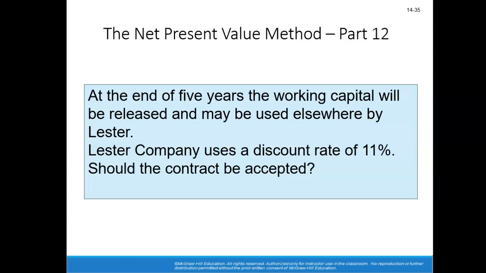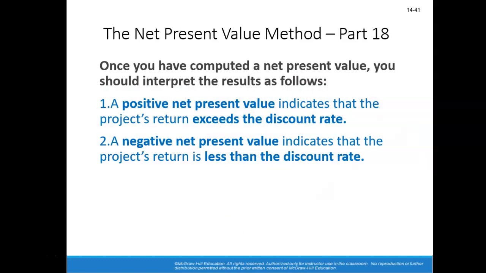Okay? So at the end of 5 years, the working capital will be released and maybe used elsewhere. So again, we're saying yes, we should accept this project because it does provide us with a positive net present value. So if we have a positive net present value, indicates that it exceeds the discount rate.